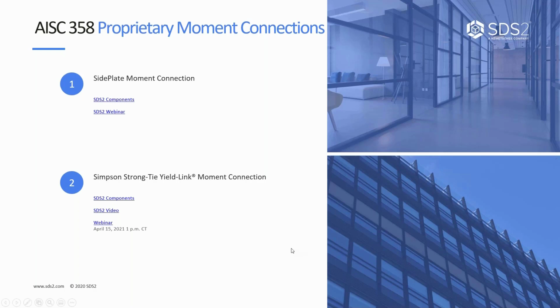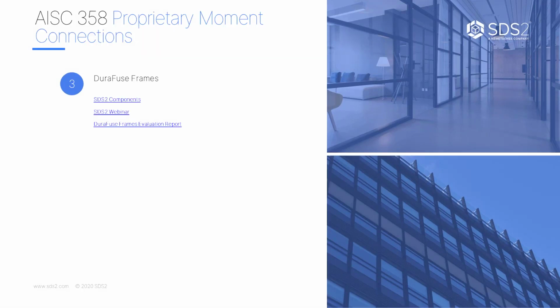Durafuse Frames is pre-qualified for the AISC 358, and they will be in the next edition, scheduled to be released in 2022. For more information on all this, you can refer to their ER-610 report, which we provided the link for here.